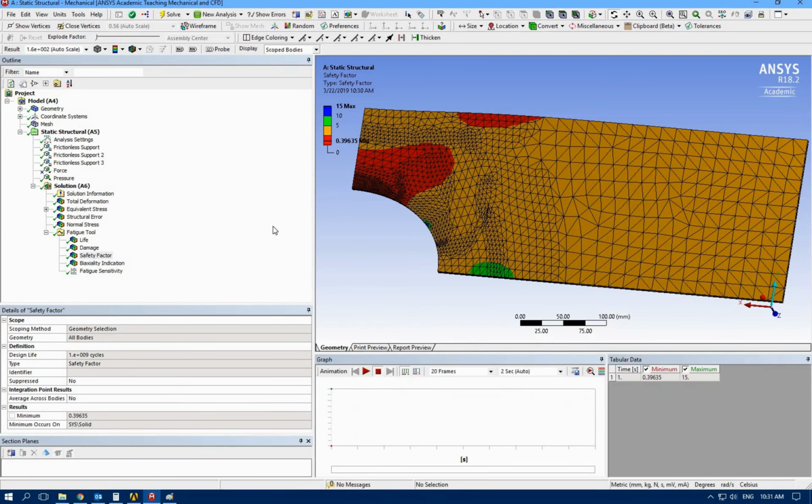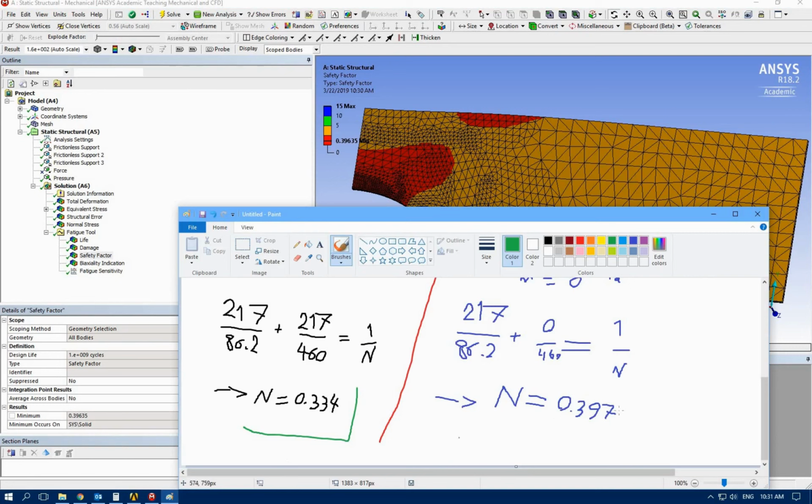So this fully reversed loading has a little bit higher safety factor than the zero-based one, which is interesting. Think about it, why do we have better life or safety factor for fully reversed than zero-based?